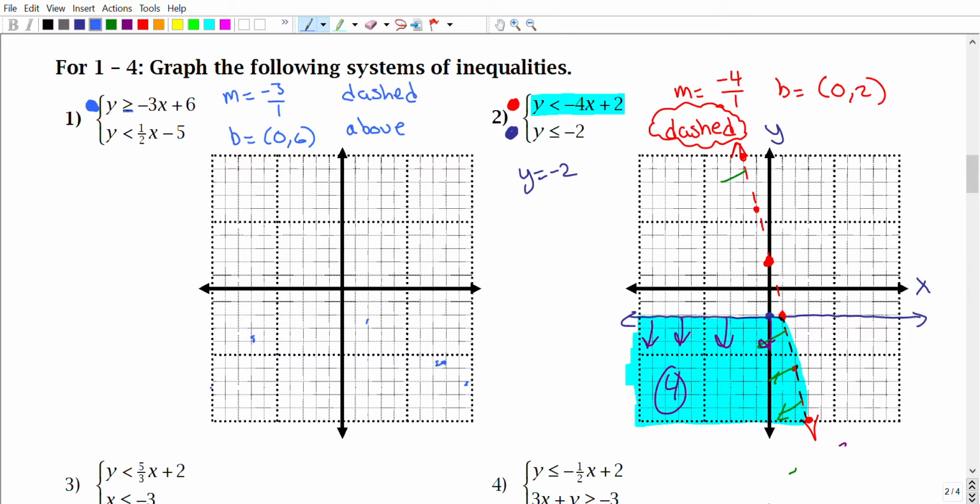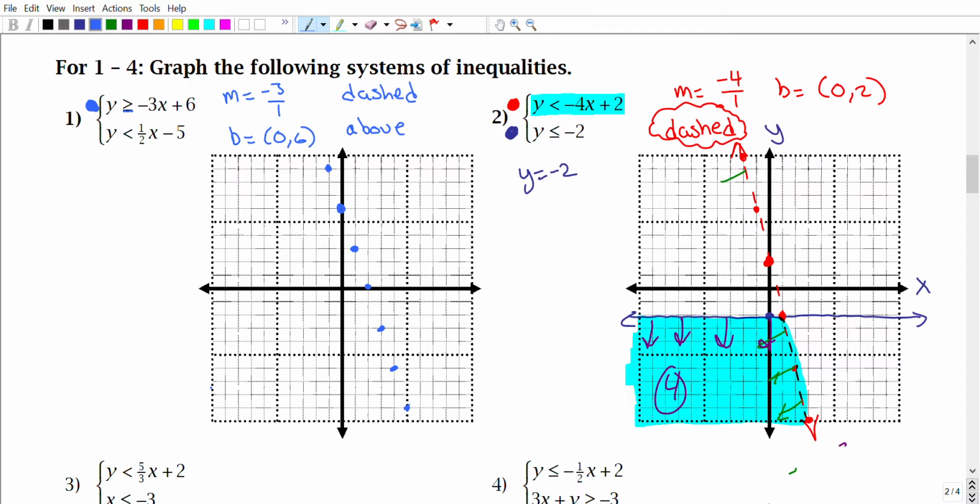All right, so let's put that all together in our inequality here. Let me erase all these little things. So (0, 6) right there. Down 3, right 1. Down 3, right 1. Down 3, right 1, and so on. Or you could do the exact opposite, which is up 3 and left 1. Oh, I'm sorry, why did I say dashed earlier?